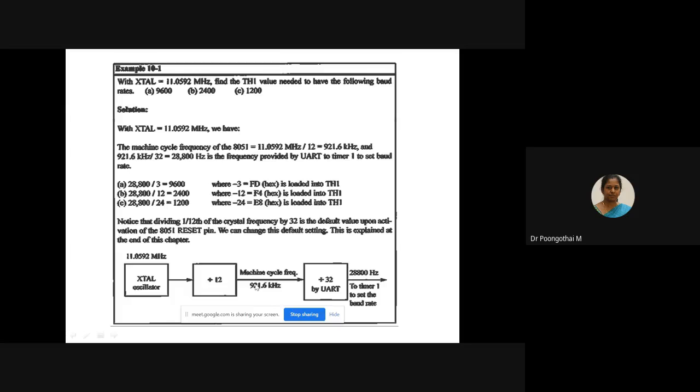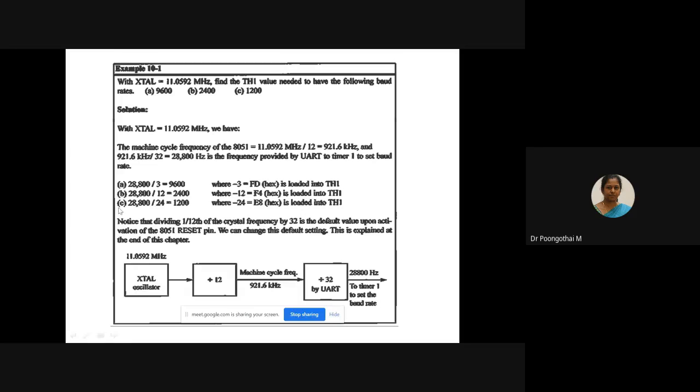The 8051 has an inbuilt UART, so this value is again divided by 32 to set the baud rate. We will be getting 28,800 hertz. This frequency is given to the Timer 1 module to set the baud rate. For that we have a calculation here.